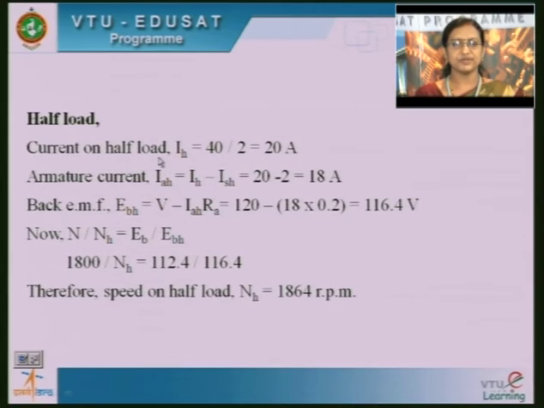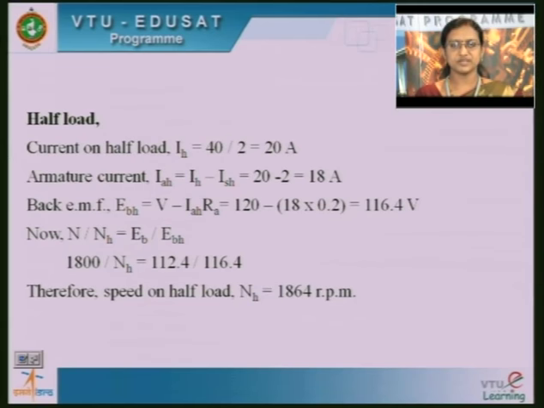So, the current on half load, as I already told, I_H is equal to 40 divided by 2, the full load current divided by 2, that is 20 ampere. Under this condition you calculate the armature current at half load, which is the half load current minus I_SH. I_SH will be the same in both cases because the voltage across the field coil is the same and the resistance is also the same.